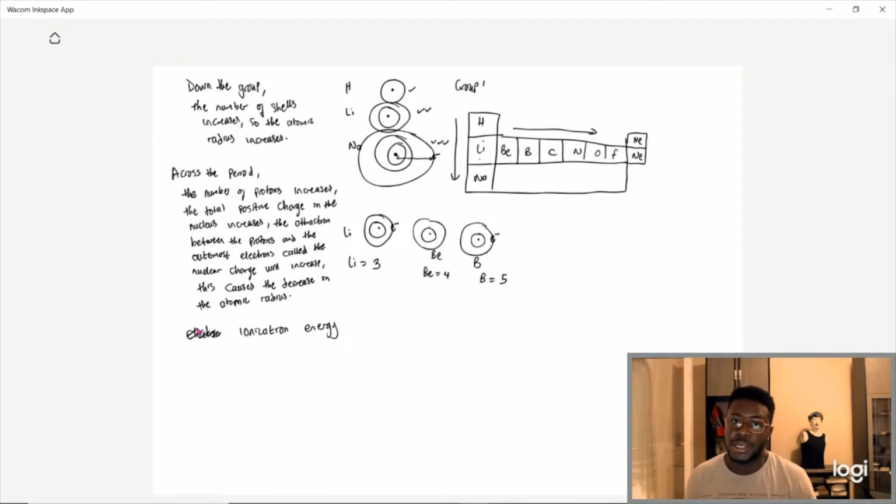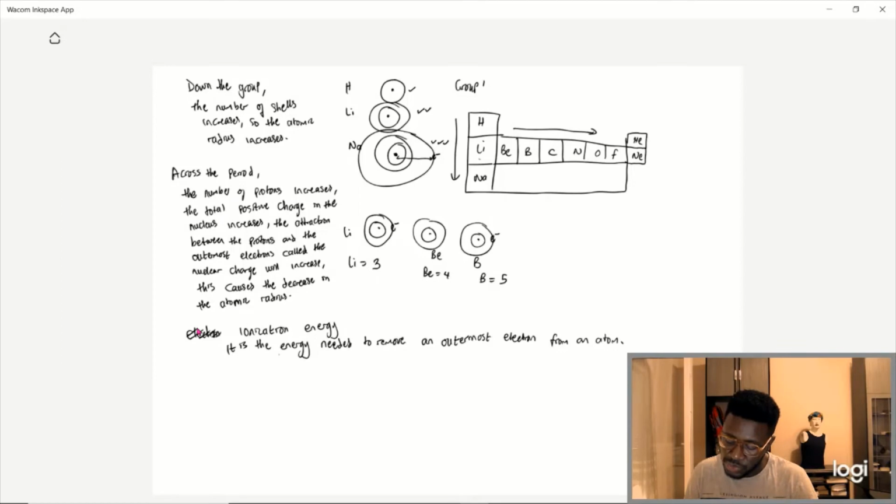Ionization energy is the energy that is needed to remove, usually, the outermost electron from the atom. So it is the energy needed to remove an outermost electron from an atom.